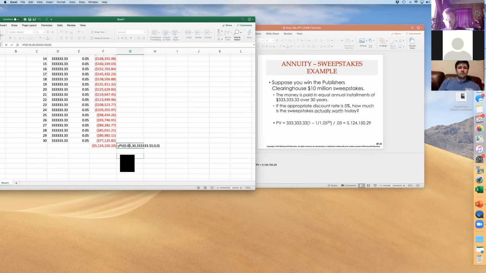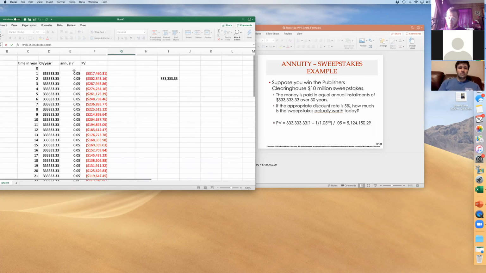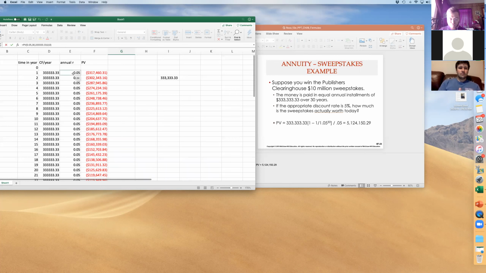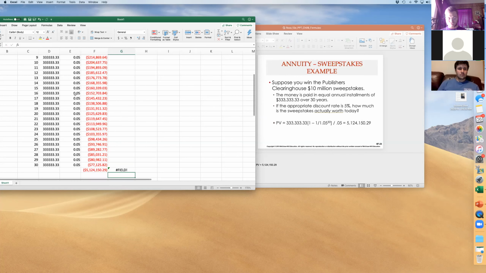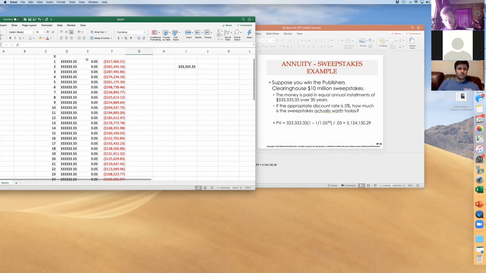And if they offer you 5,124,000, you understand that this is at a 5% interest rate, but let's say that you can really get 0.1 here.